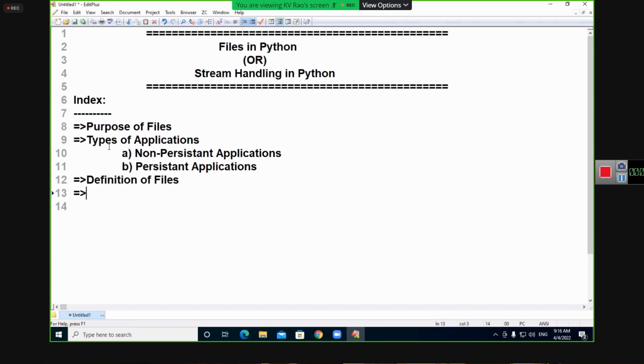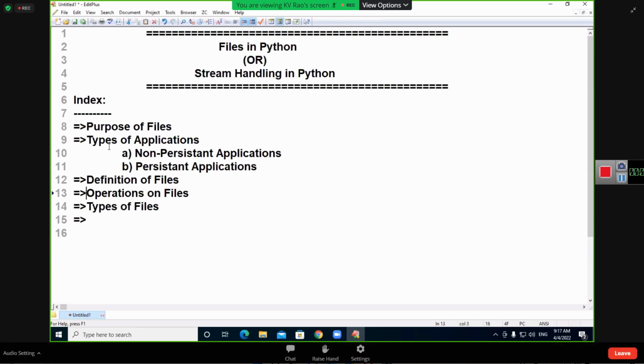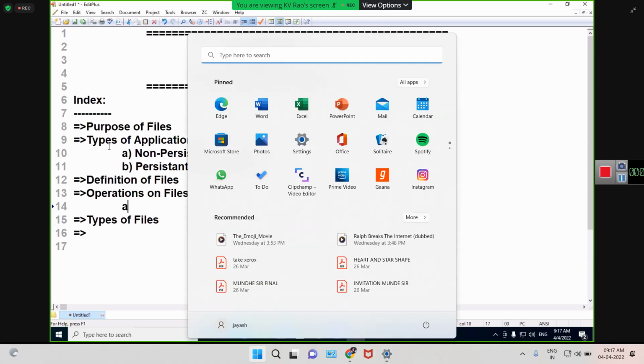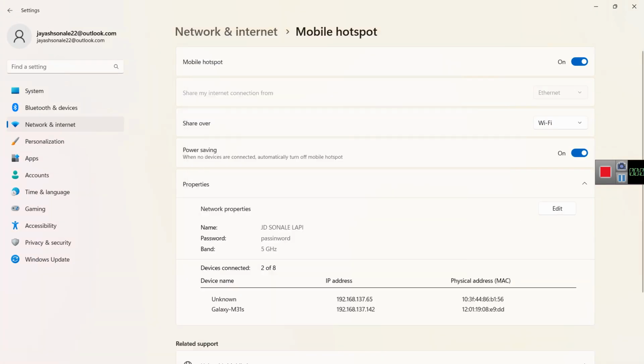After that, types of operations on files. Next we are talking about types of files. In that I am going to talk about operations on the files: write operation, and second is called what?